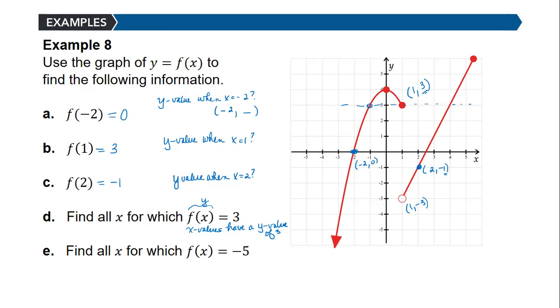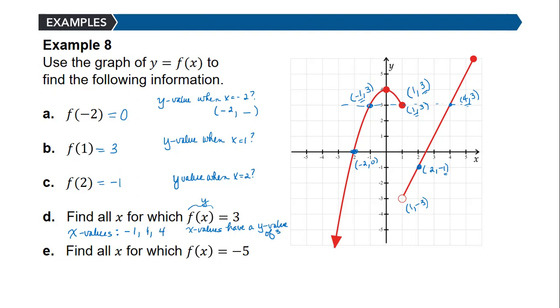There's a point at -1, 3, 1, 3, and 4, 3. So there are actually 3 solutions of this equation. The x values are -1, 1, and 4.